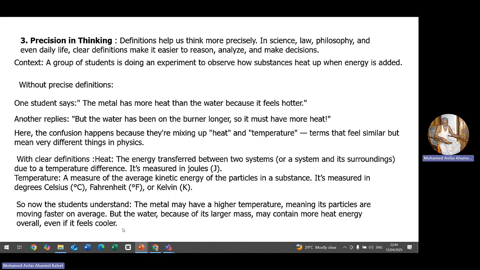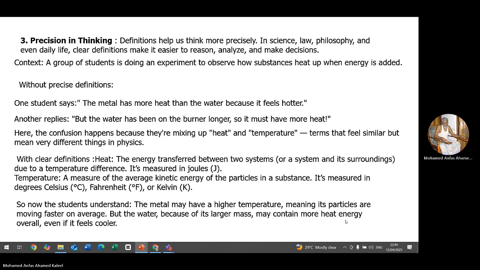If you keep the water on the burner for a long time, because of its heat capacity and mass, it has more heat energy. So even though it is cooler, it has more heat energy, but the temperature of the metal is high because its particles are moving faster on average.